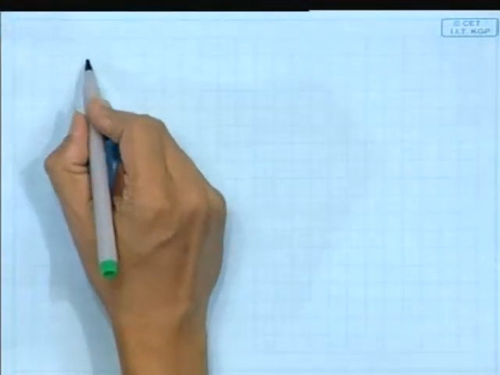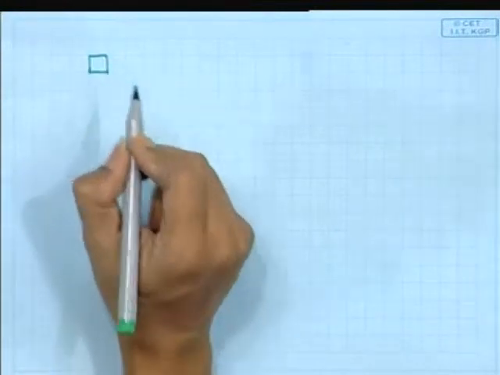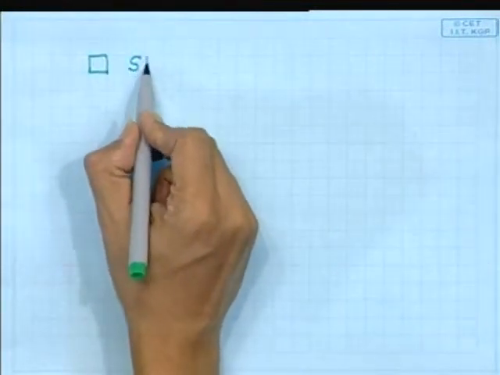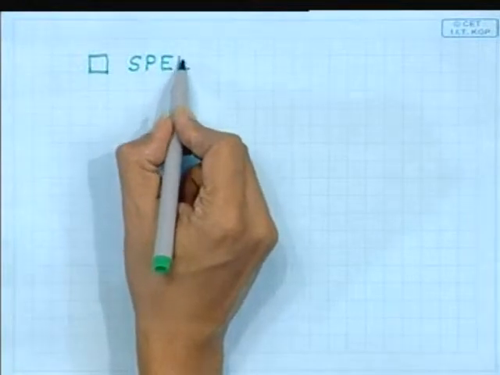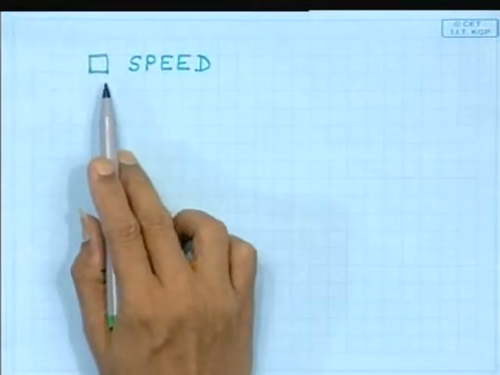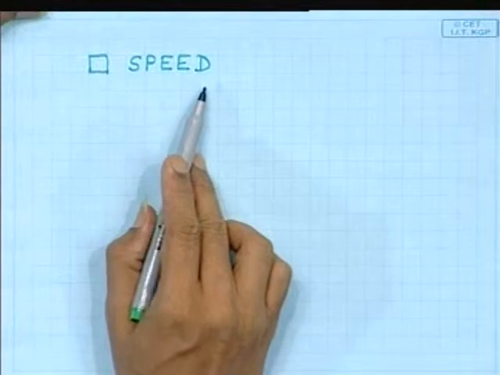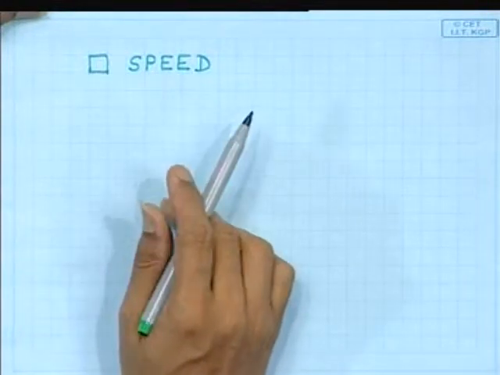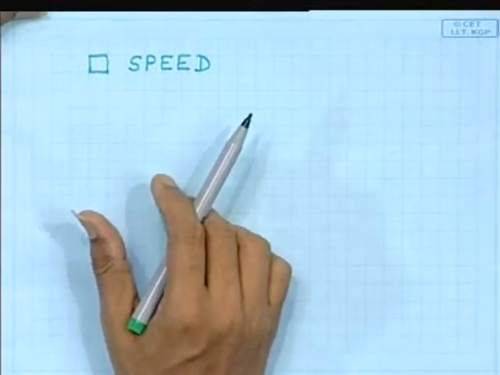The major issues we are going to look into: one is speed, which we have already discussed depends primarily on the critical path. If you are designing an adder, how fast the adder works decides the maximum speed.